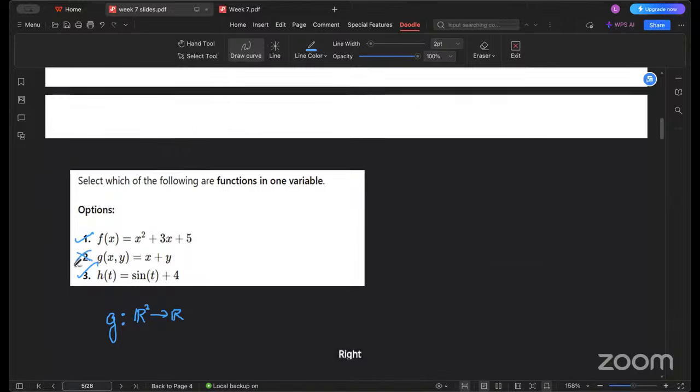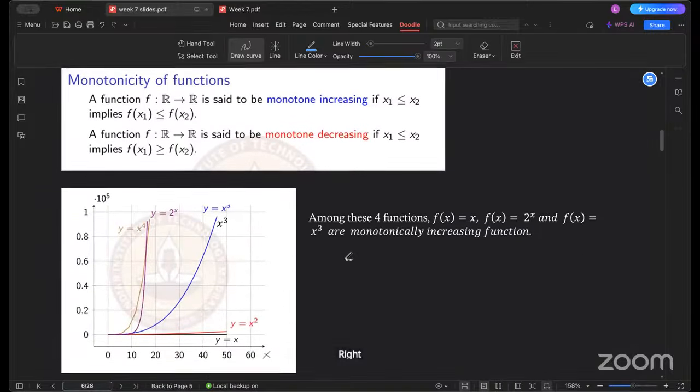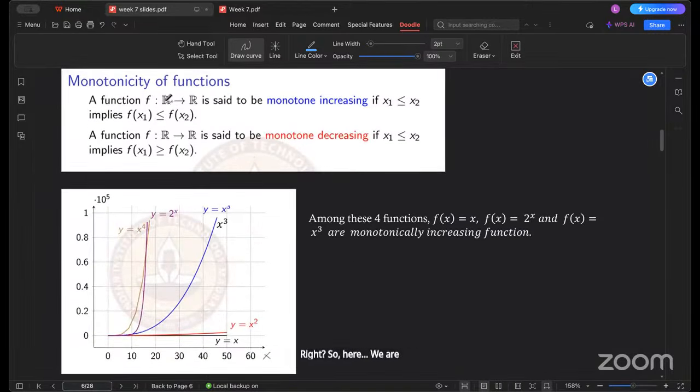Right? We have already seen monotonically increasing and monotonically decreasing, right? So here we are looking at functions from R to R. Considering these as functions from R to R, which of these are monotonically increasing? The answer is already here: f of x equal to x, f of x equal to 2 power x, and f of x equal to x cube.